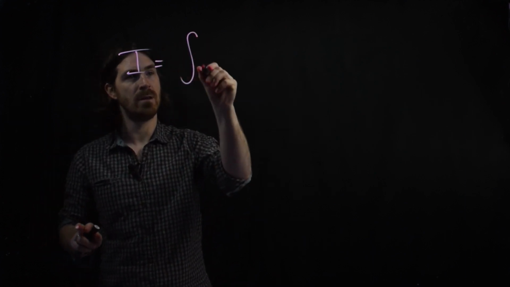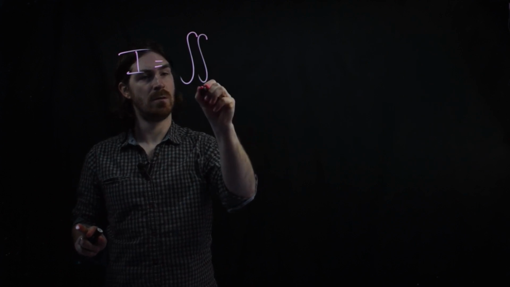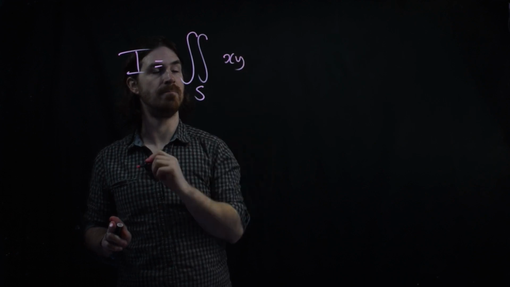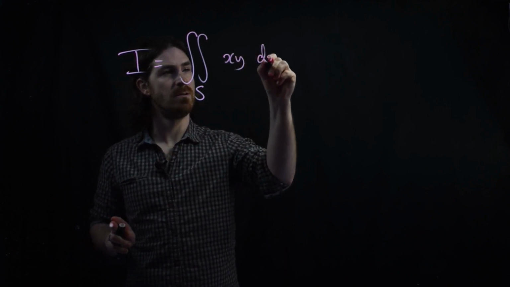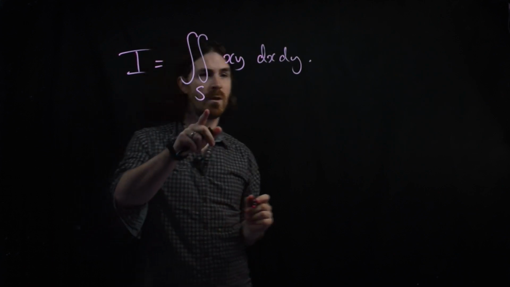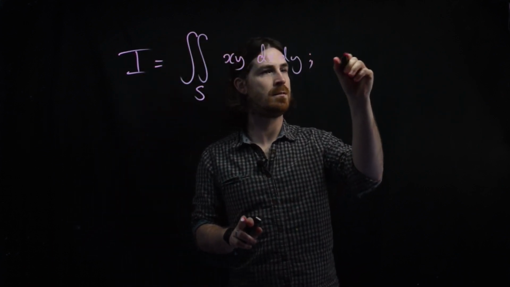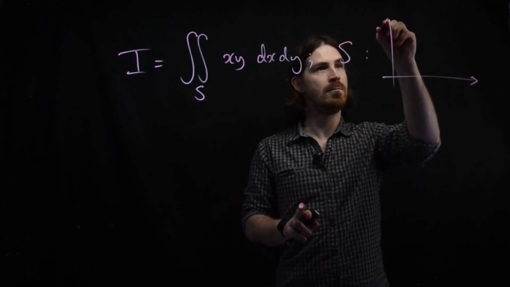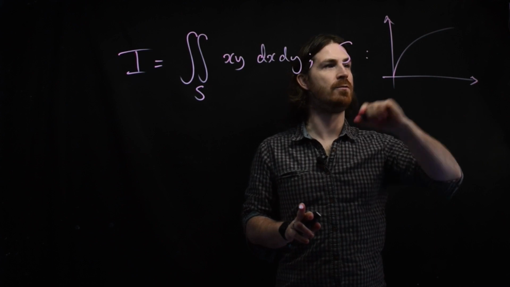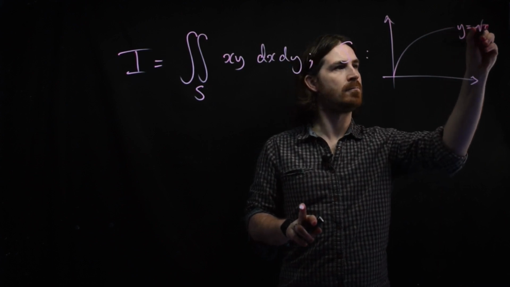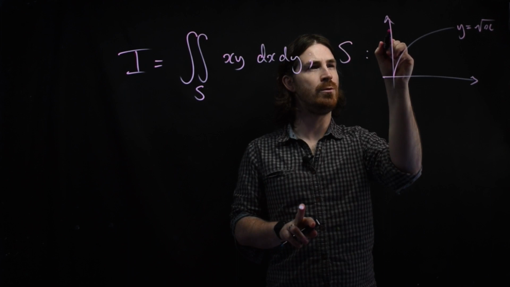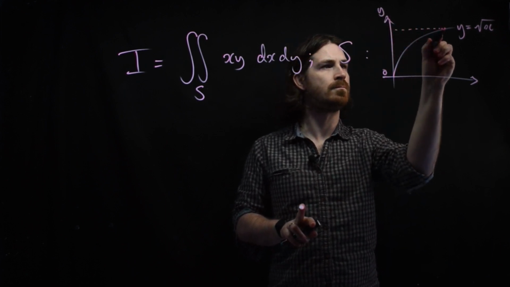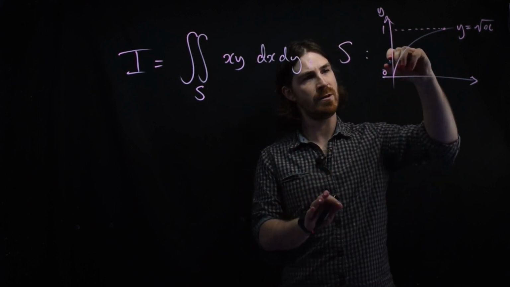So let's have the integral around some region S, which we'll define in a second, of xy, that's our function, dx dy, where S is the region defined by the curve y equals the square root of x, between y equals 0 and 1. So this region here.